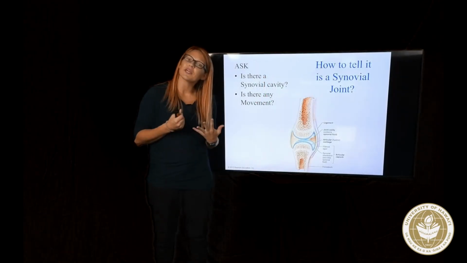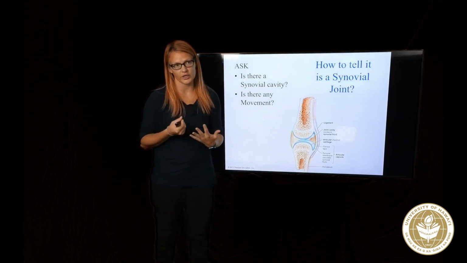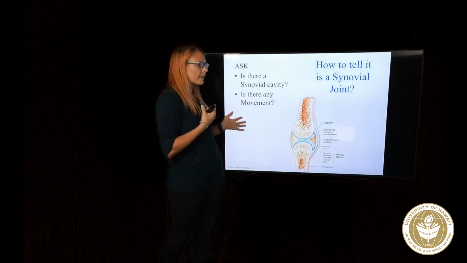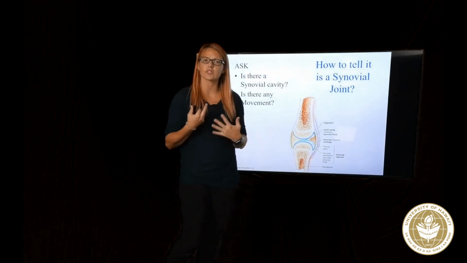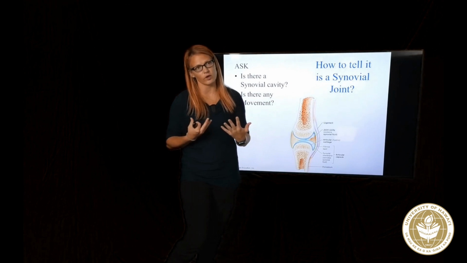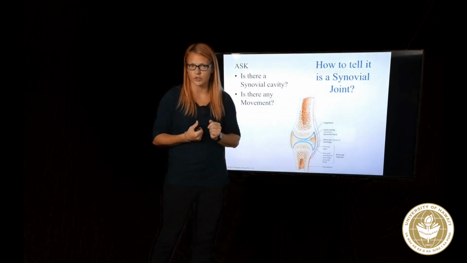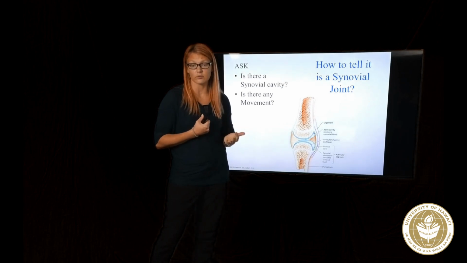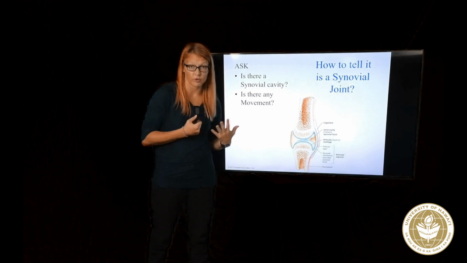So probably something that you'll have to do on the exam, we may even do it as part of lab if you're in lab, is you'll be shown a picture of a joint and you'll have to decide, hey, how do I tell if this is a synovial joint? So what you should ask yourself is, first of all, is there a synovial cavity? If the answer is no, then it's not a synovial joint. Then ask yourself if there's any movement.